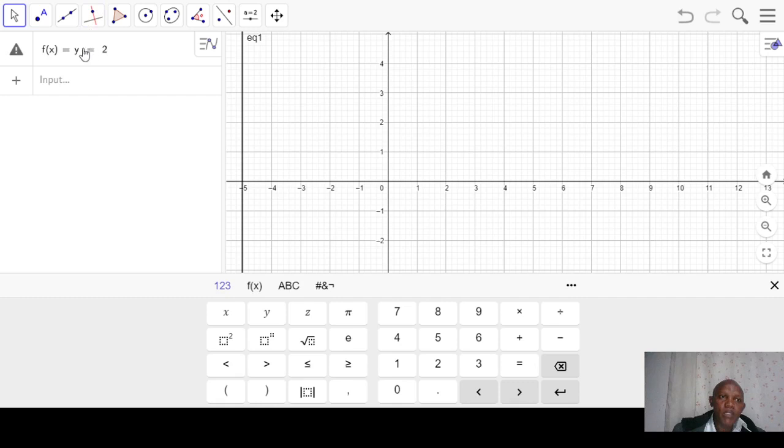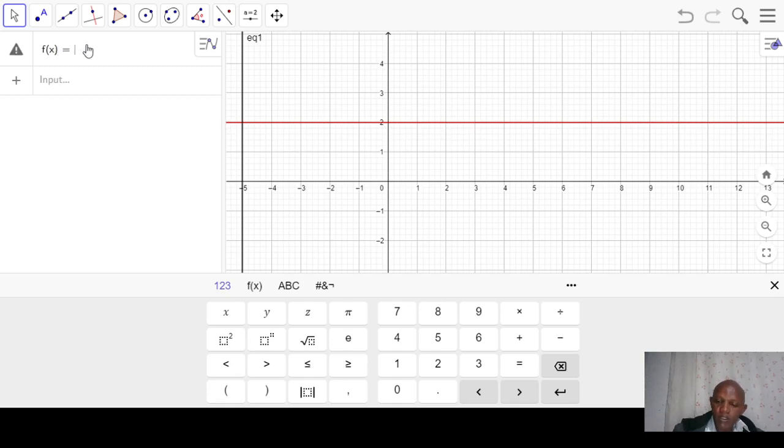What we are simply saying here is that we are looking for values such that the value of y is 2. If this is the y-axis, then anything along that line, the value of y is 2.